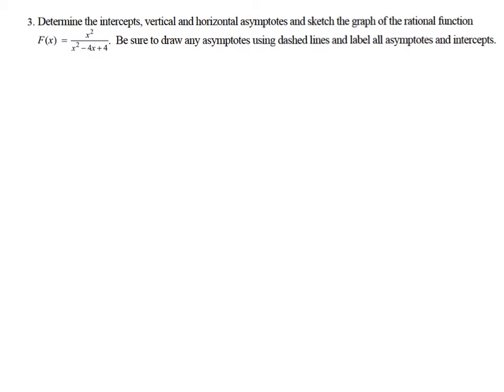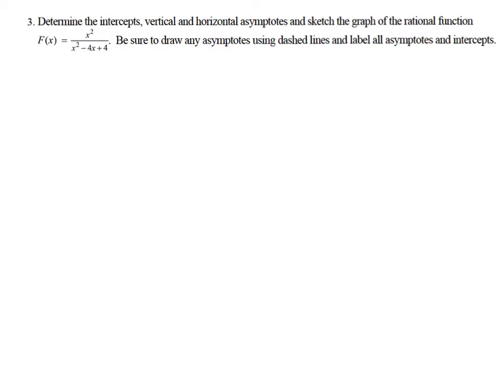For question number 3, it says determine the intercepts, vertical and horizontal asymptotes, and sketch the graph of the rational function. Be sure to draw any asymptotes using dashed lines and label all asymptotes and intercepts. Alright, so let's go ahead and begin this question here, and I'm going to step this out a little bit.